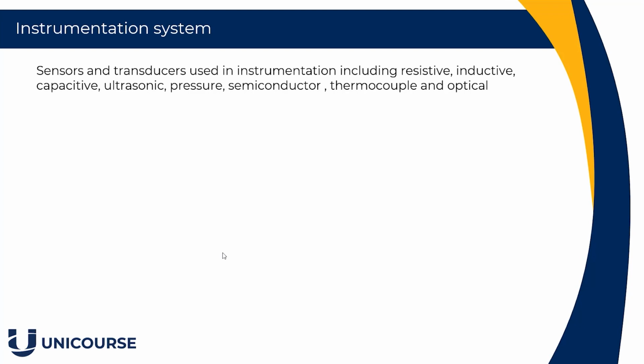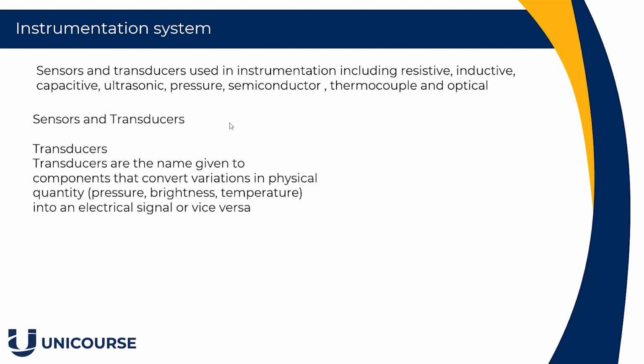So firstly we're going to look at sensors and transducers and how they're used in instrumentation. As I mentioned before, we'll look at resistive, inductive, capacitive, ultrasonic, pressure and semiconductor, and of course thermocouple and optical. A transducer is a generic word used for components that convert a variation.